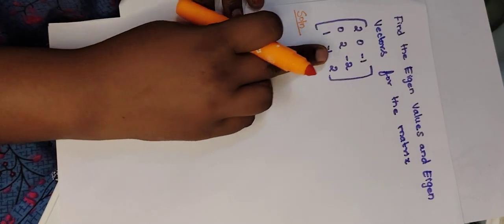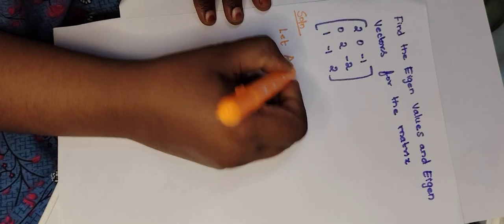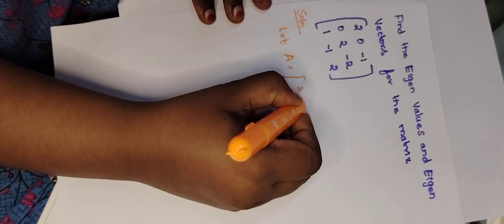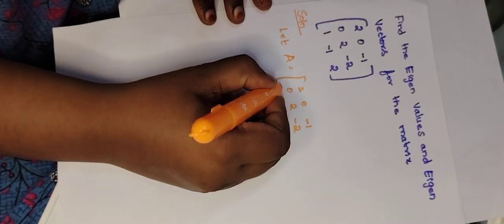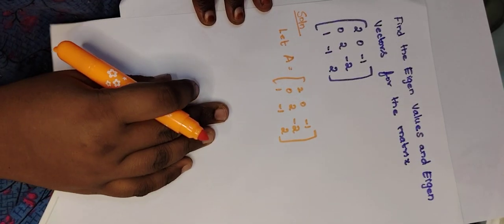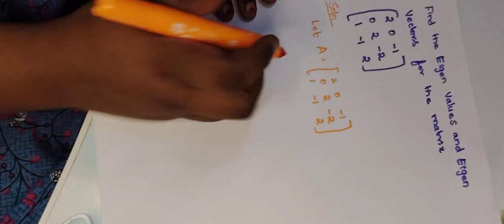I'll consider the matrix to be the matrix A. So let A equal the matrix 2, 0, minus 1, 0, 2, minus 2, 1, minus 1, 2. To find the eigenvalue, first I need to write the characteristic equation.